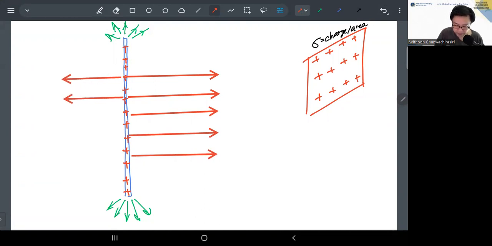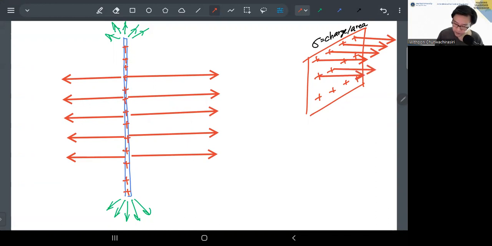Come out like this, like this, like this. Very cool. Neat. All right. And if you want to draw it in 3D, it's going to look pretty much the same. It's going to look like that. Okay. That's nice. There you go.